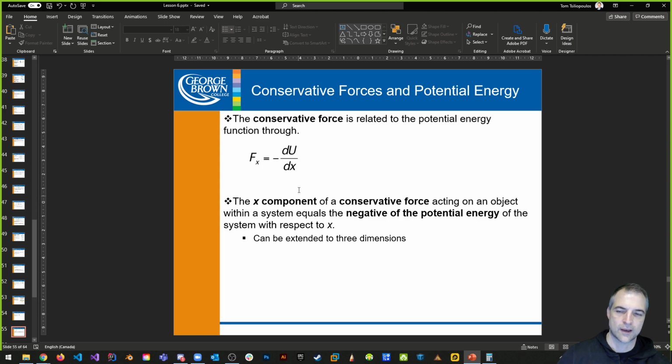And we can also say that the force along the x-axis is the negative derivative of U over x, which is exactly what we're saying up here.